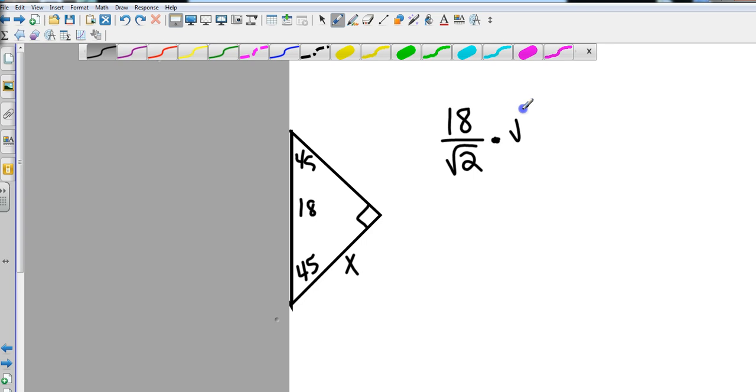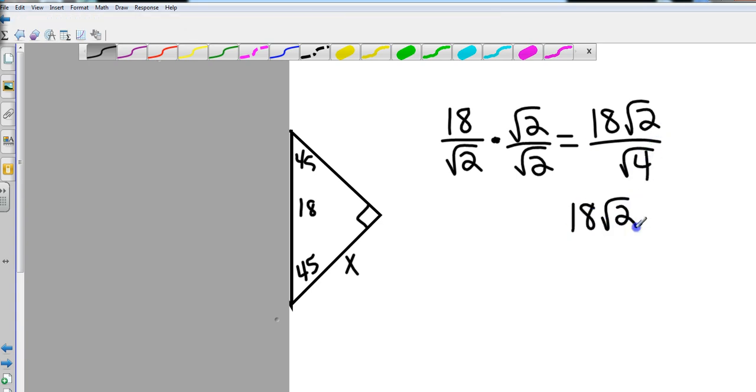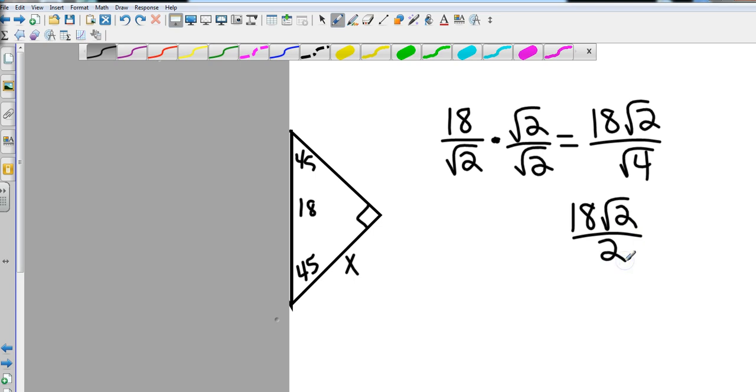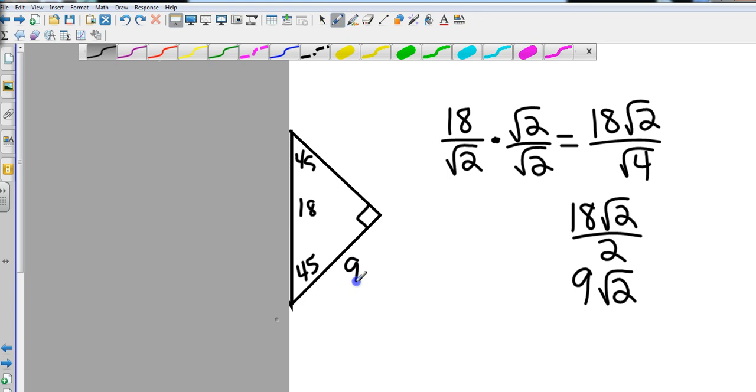So to get rid of the radical on the bottom, multiply by radical 2 over radical 2. That gives me 18 radical 2 over radical 4. So that's simplified as 18 radical 2 over 2. And again, I can simplify that by dividing 2 into the 18. And that'll end up giving me an x value of 9 radical 2.